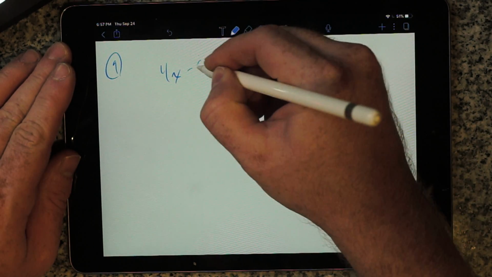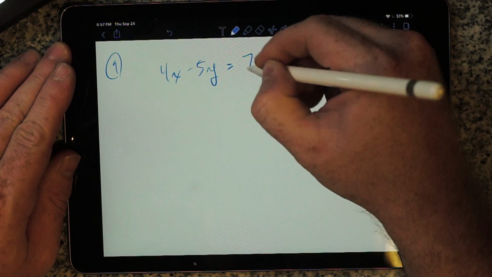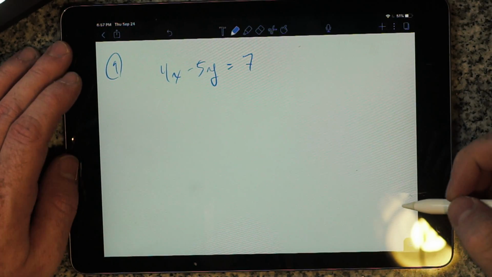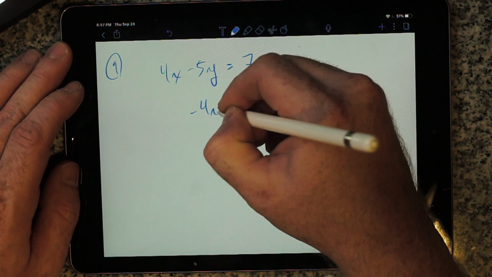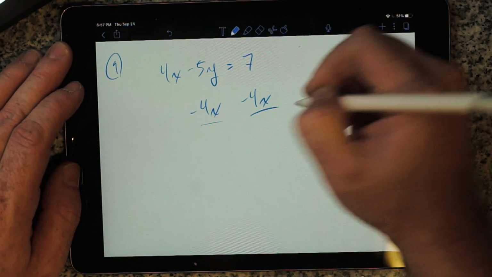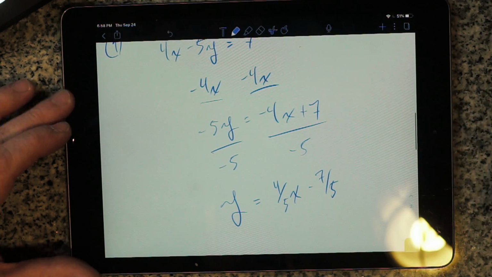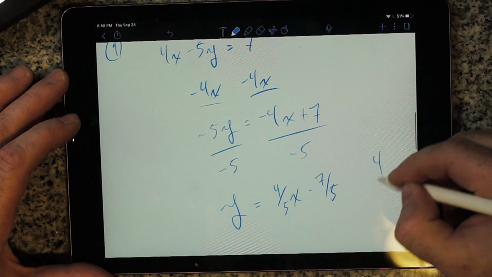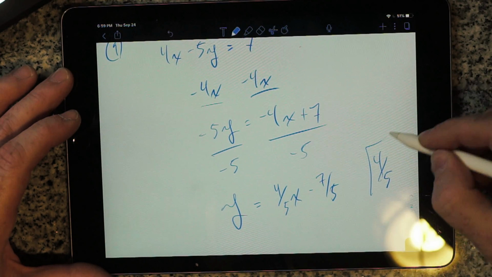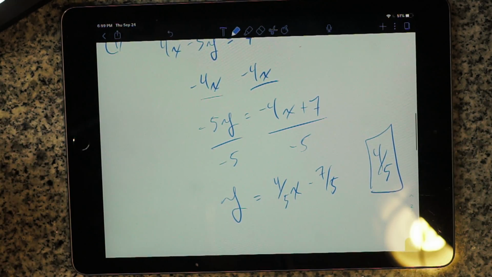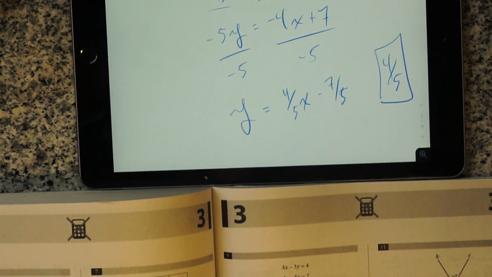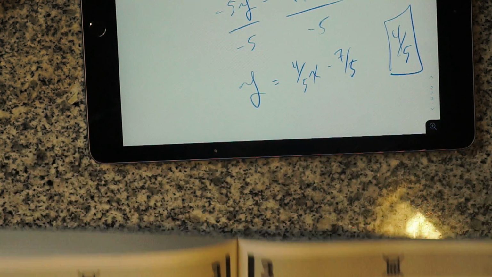We've got 4x minus 5y equals 7. We did this a little bit last week, and you're an honor student, so I'm going to fly through this part. All right, so what's the slope of this line? 4/5. 4/5, very good. That is the magic number that we're looking to make happen in this top equation here.